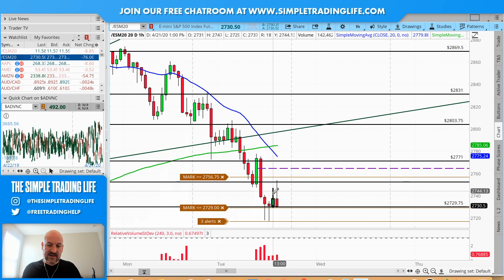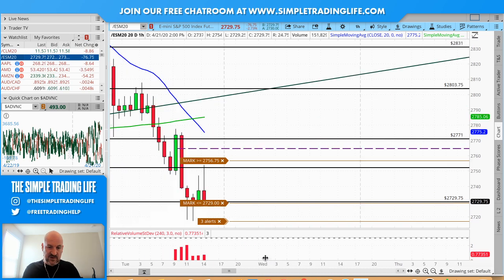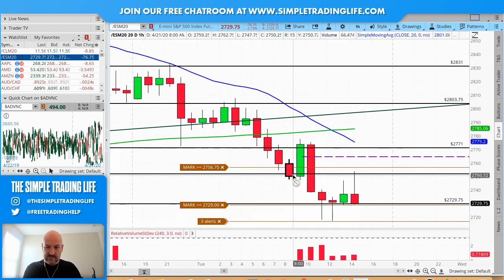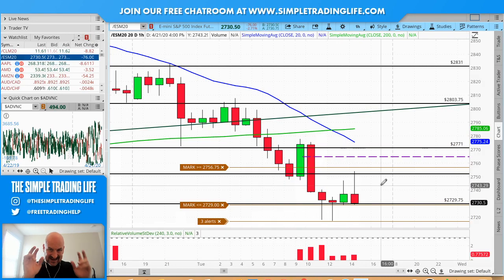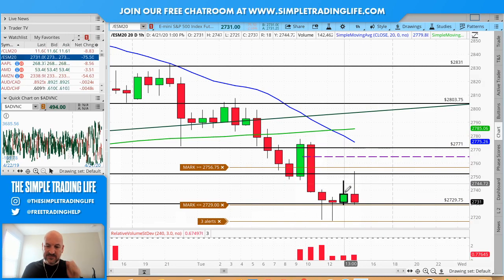Because the wick, okay, the wick really isn't even 2 times the size of the body. Let me expand this out for you. Bring it back in. Okay, here's the body. The textbook definition says this wick has to be at least 2 times the size of this body.